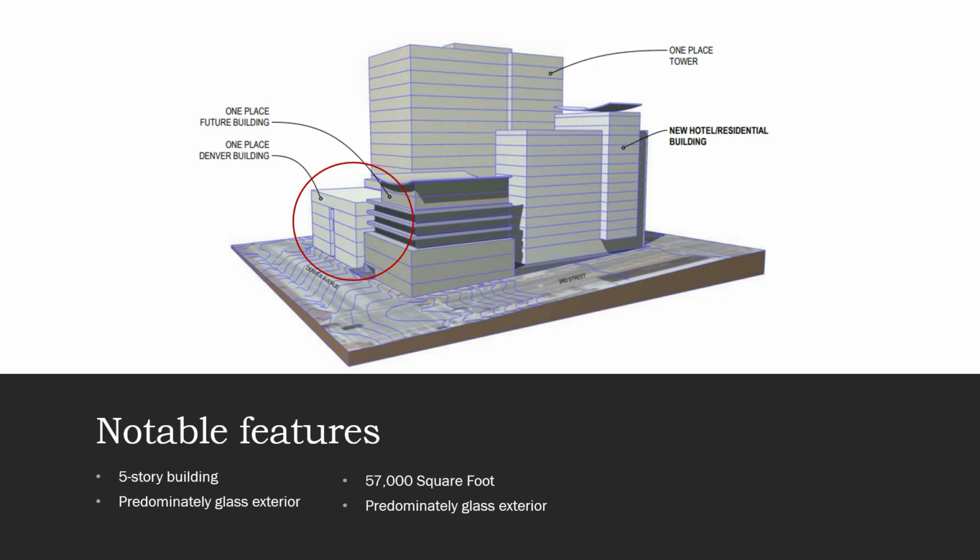This building is circled in red on screen. The detailed drawings were also provided by our client as well. The One Place will be located across from the BOK Center at the corner of Denver Avenue and 2nd Street in downtown Tulsa.